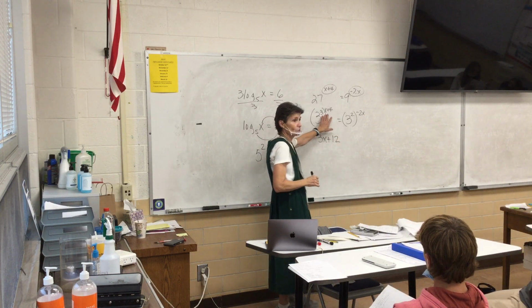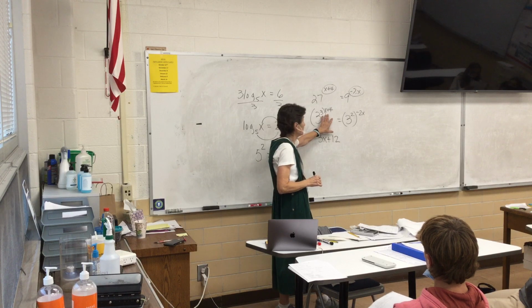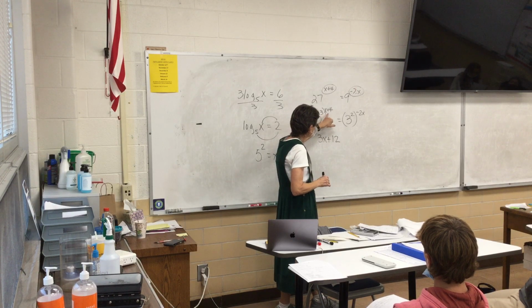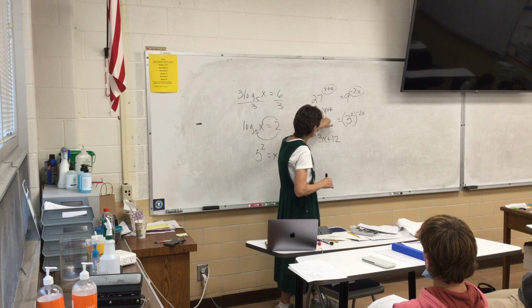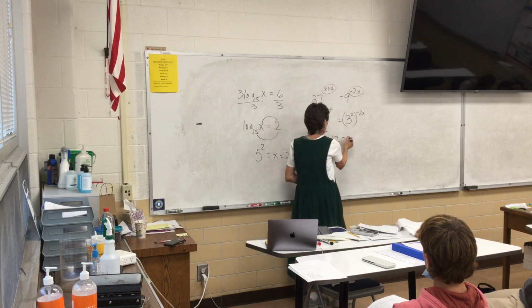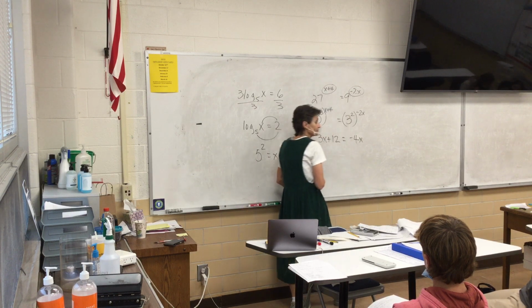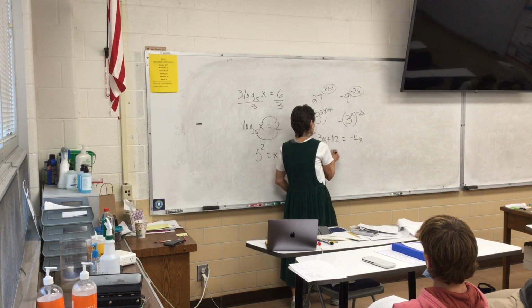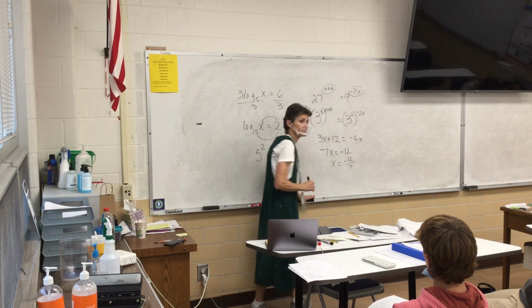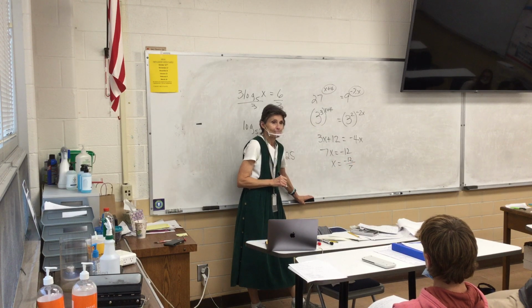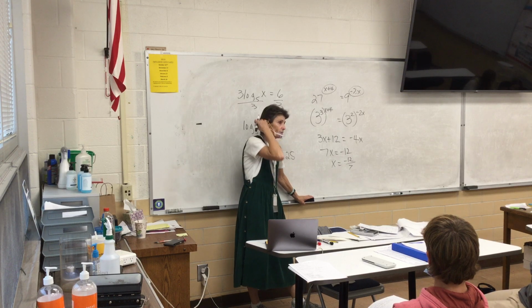Don't forget everything you learned when you were young. When you raise a power to a power, you multiply the exponents. So it's 3 to the 3x plus 12 equals negative 4x. So 7x equals negative 12, and x equals negative 12 over 7.